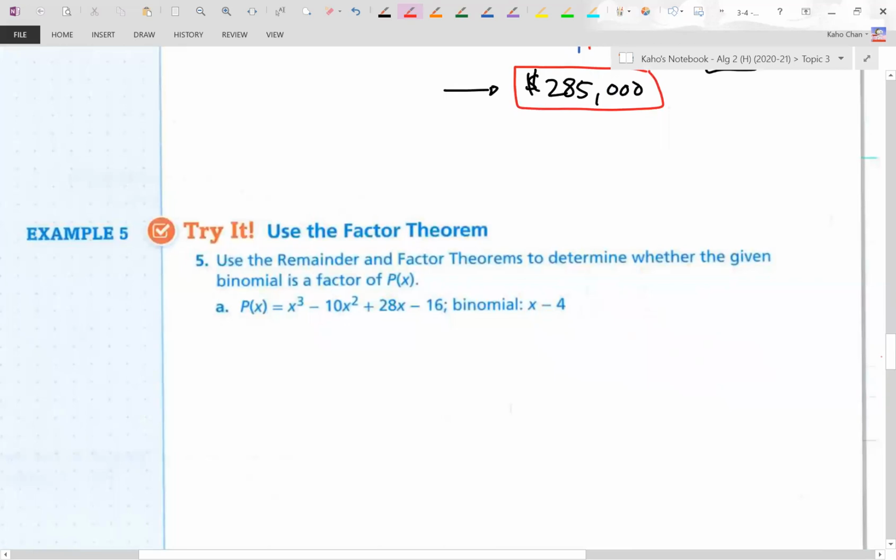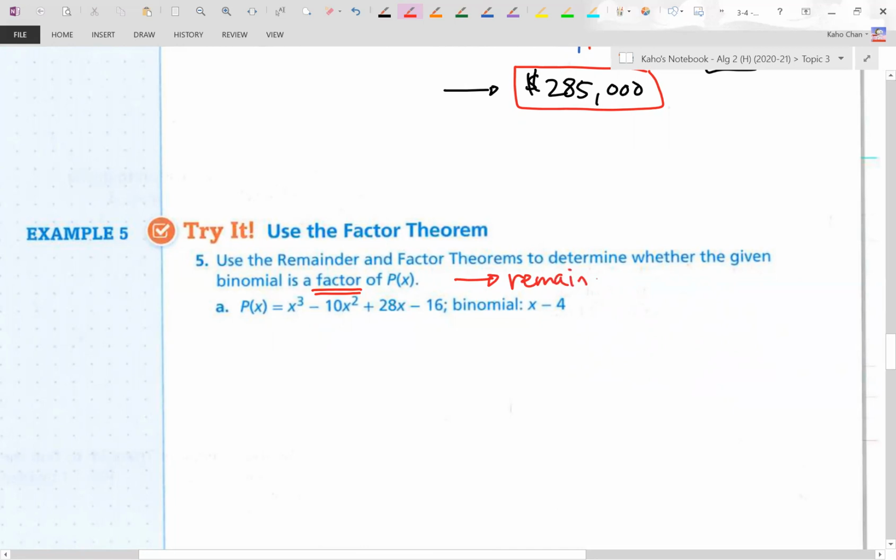All right, we're going to use the factor theorem. Use the remainder and factor theorems to determine whether the given binomial is a factor. The key here is whether it divides into the polynomial evenly. When we say it divides into the polynomial evenly, we expect the remainder to be 0.